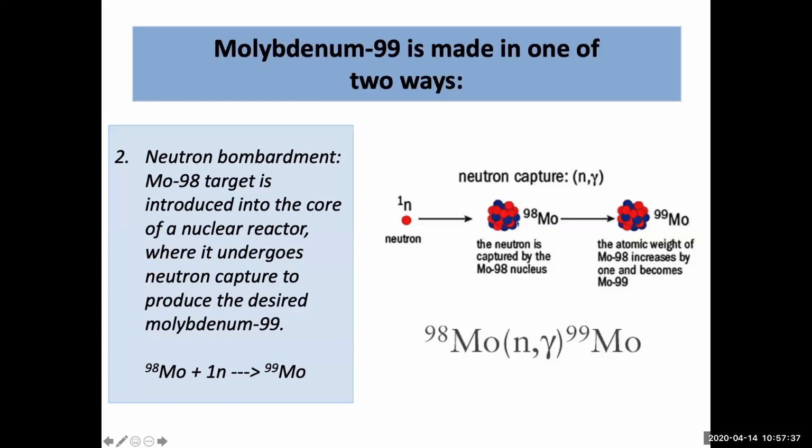So this molybdenum-98 is inserted inside the nuclear reactor, then bombarded by the neutrons. So molybdenum-98 is converted to molybdenum-99, and this is extracted from the nuclear reactor and used later to produce the technetium-99. So two ways, nuclear fission and neutron bombardment, can produce the molybdenum-99.